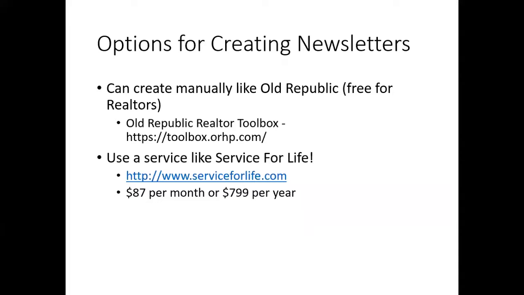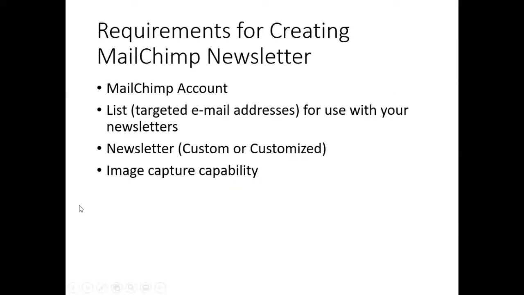As you can see, the current fees on their website are $87 per month if you do the monthly plan, or $799 per year. If you are looking for something like that, you really ought to take a look at their site. They have a lot of neat things that they provide to the agents.